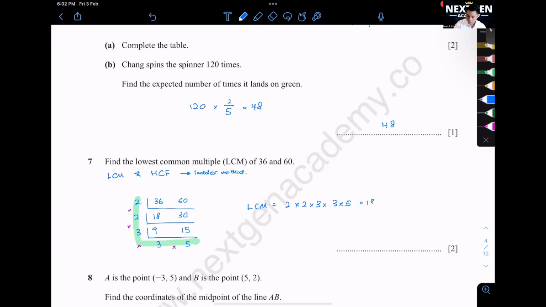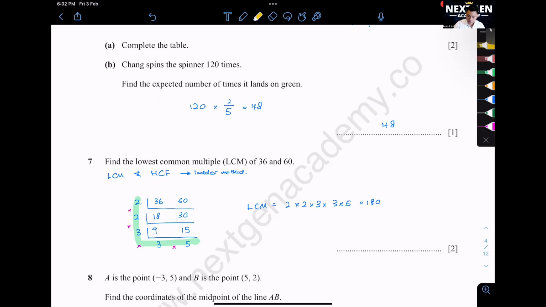Why do you use this? Sometimes they may also ask you to find the HCF in the same question, so you don't have to do a separate method. If it's HCF, high means you see this one also like a ladder, right? So your ladder is very high. You only take the high side.